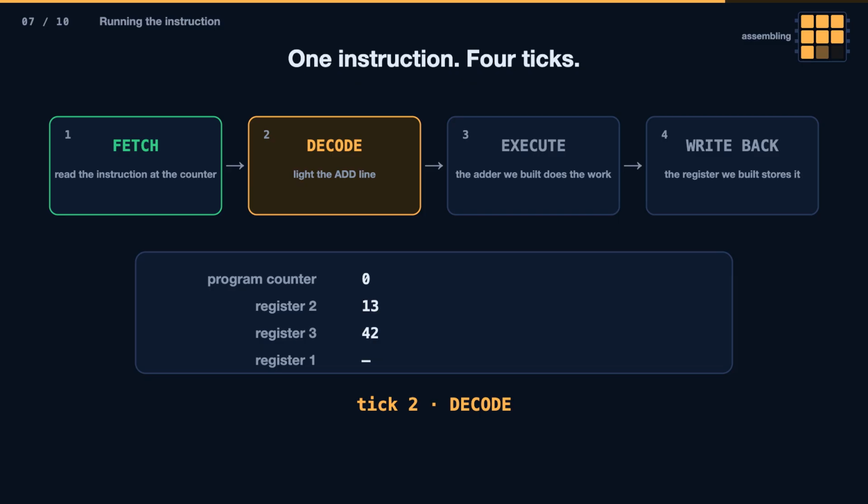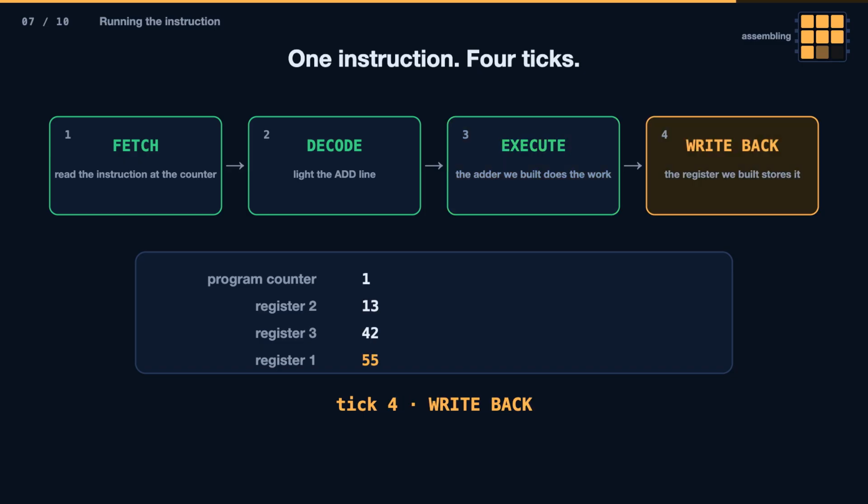Tick 3, execute, the adder we built adds 13 and 42 together. Tick 4, write back. The register we built stores the answer, and the counter moves on. Register 1 now holds 55. The instruction ran.